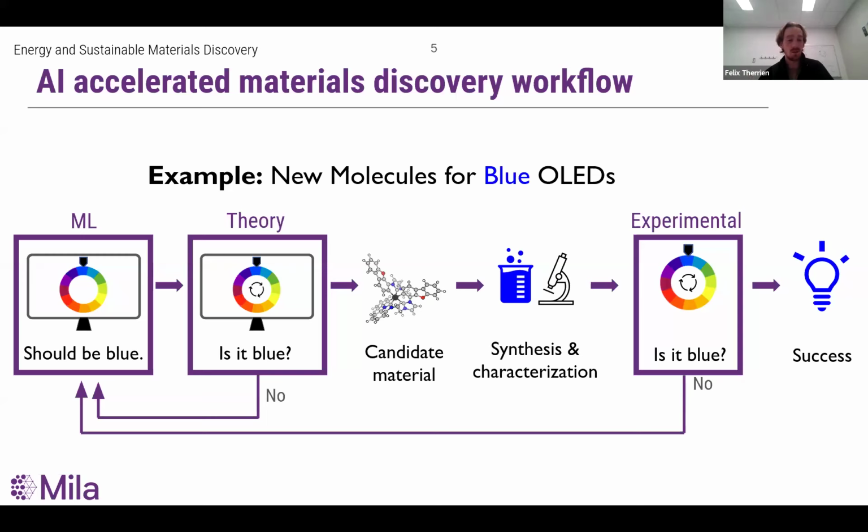You go through materials that you already think are going to be good. And then you realize these materials in the lab, and you obviously still have to check if they have the property you want. And then every time something doesn't work, you can learn from that mistake and improve your machine learning model. And then hopefully this whole process accelerates materials discovery. So at Mila, this is what we're trying to work on. This is like our end goal.